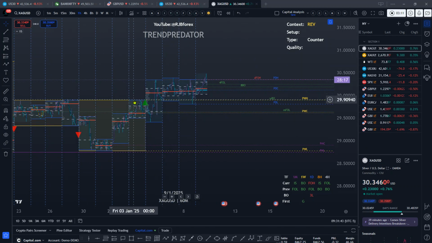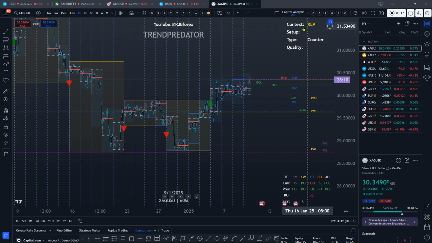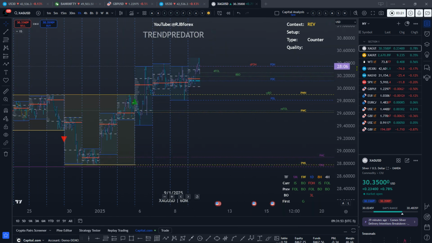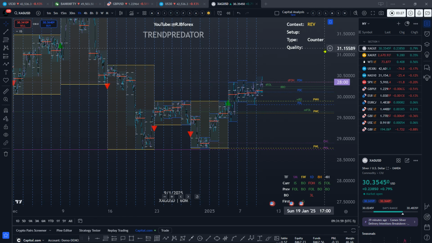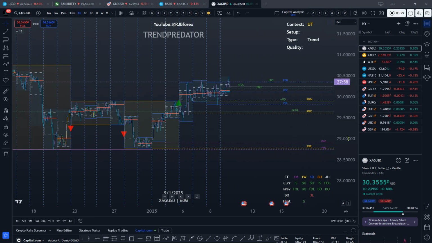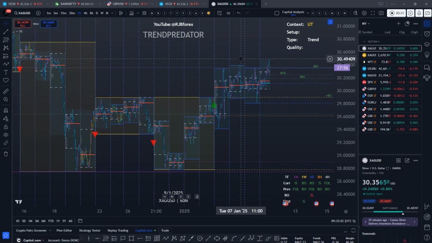Okay, and we've broken out of that first green week's highs. So that's bullish. So we have a scenario where we have a trend that is bullish, but we've got a reversal, or we did have.